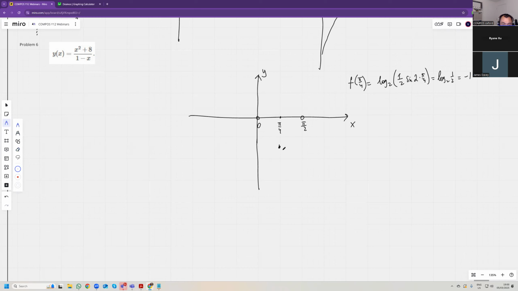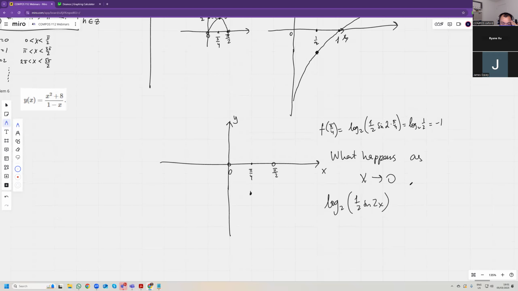So we want to know what happens as x approaches 0. Well, we have log 2 of 1/2 sine 2x. As x approaches 0, sine 2x approaches 0, and log tends to negative infinity. So this is a vertical asymptote, and as x goes back, it's like this.